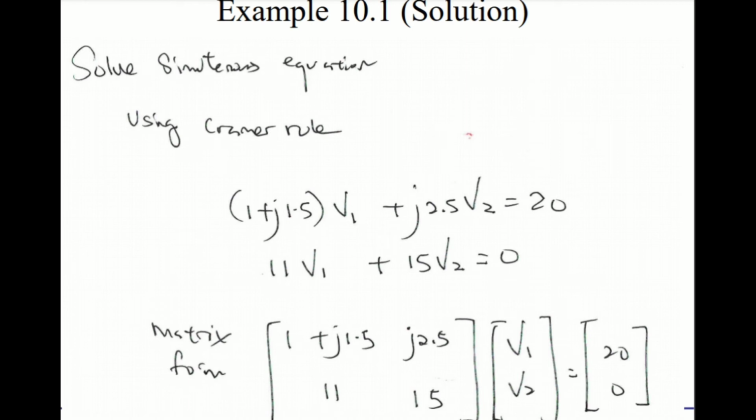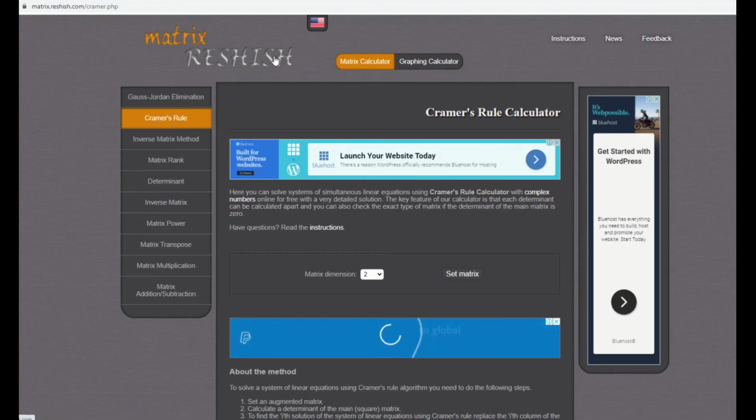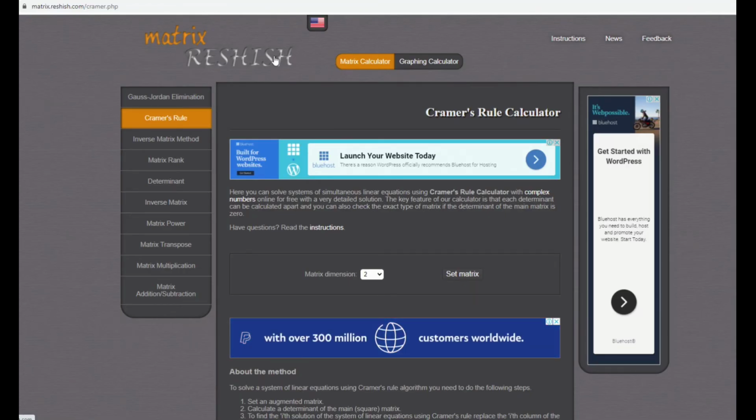If you cannot insert a complex number in the calculator using the equation function, you can use a calculator from a website to solve the equation. Let me show you an example. This website can solve complex numbers using Cramer's rule: metric.redshift.com/Cramer.